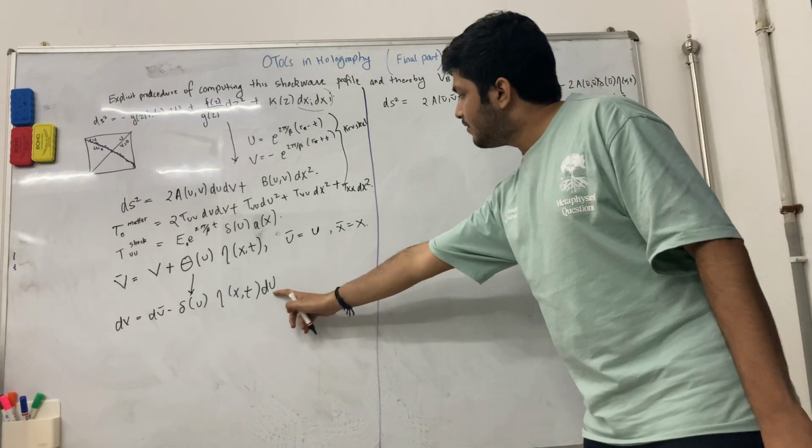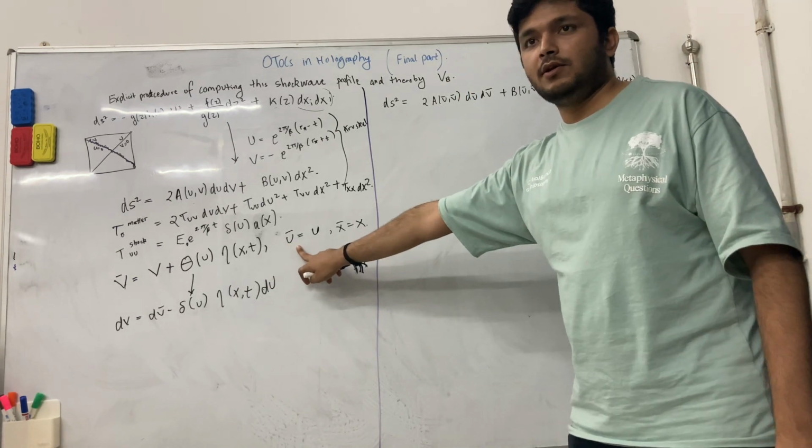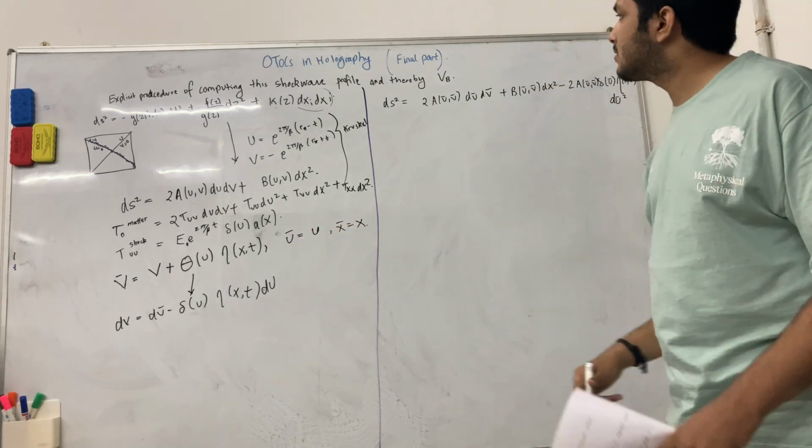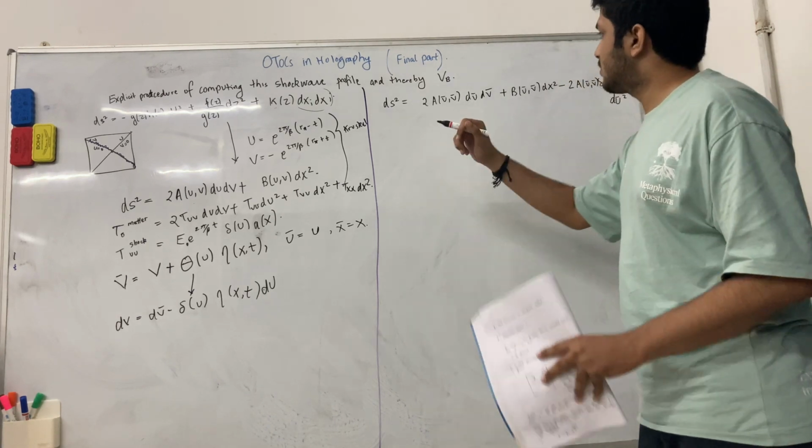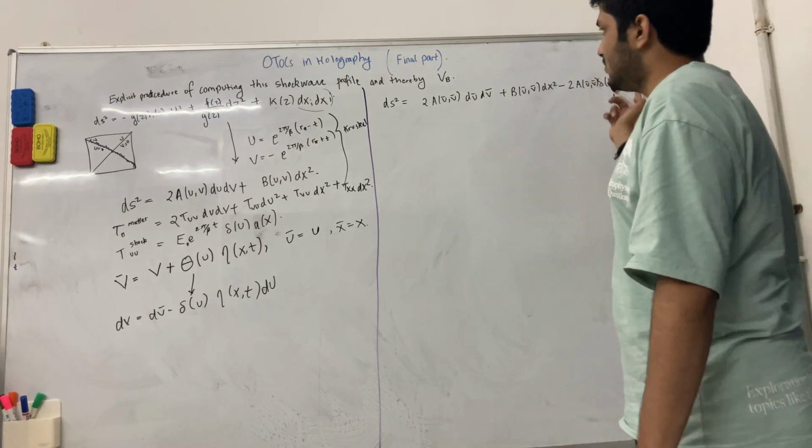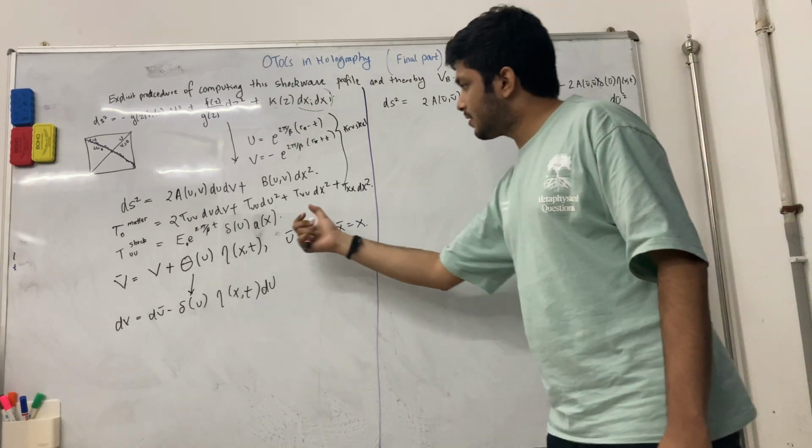So wherever I have dU, I directly replaced it with dU bar and U with U bar, right? So due to the shock, my revised metric is this now. The extra perturbed part is this.